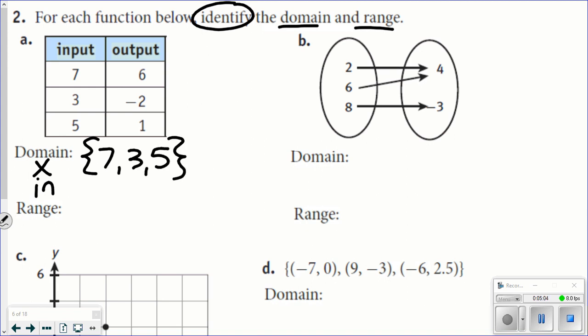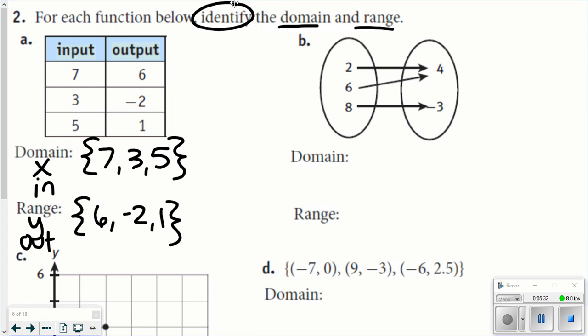And it doesn't matter to me what order you put these in. If you want to write it in numerical order, smallest to greatest, 3, 5, 7, that's fine. Your range, remember, is your y values or your outputs. So fancy bracket. We get 6, -2, and 1. I really want you to try B, C, and D.